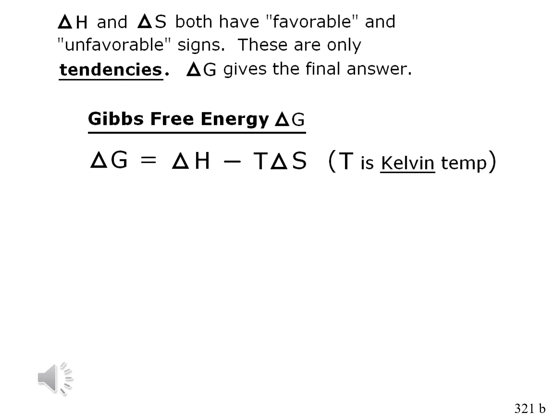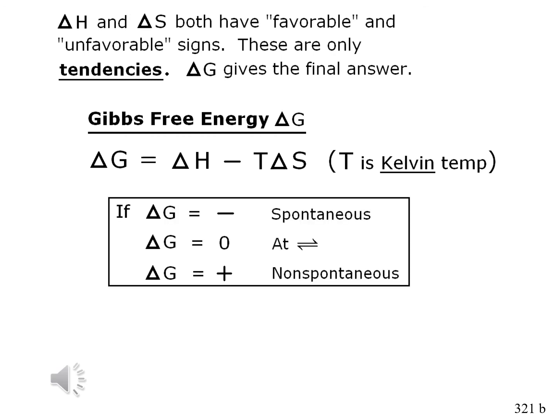And so delta G is calculated by taking delta H minus the Kelvin temperature times delta S. And you already know that delta G is the final answer because we talked about the signs. Delta G negative is spontaneous, positive is non-spontaneous.